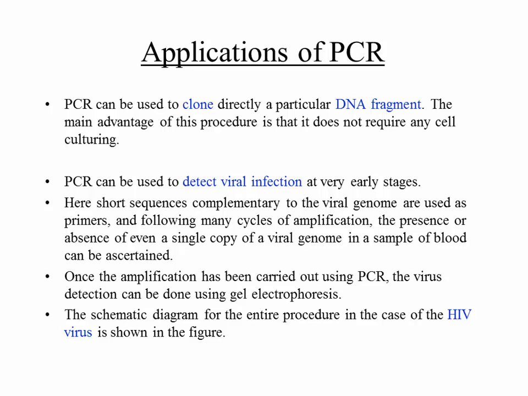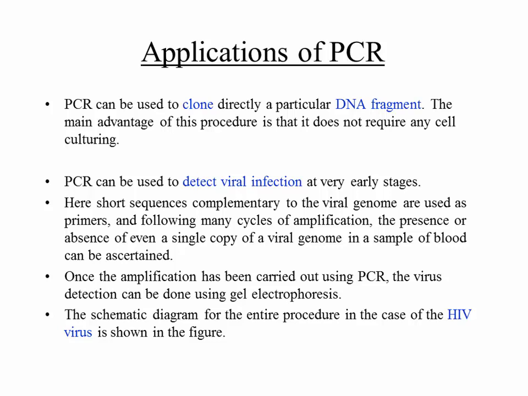Now, one of the applications of PCR is that it can be used to detect viral infection at very early stages, okay? Because at very early stages, the amount of viral DNA or RNA is going to be very small. But if you can amplify it properly, you're going to be able to carry out the detection very early. So for detecting viral infection, short sequences that are complementary to the viral genome are used as the primers, right?